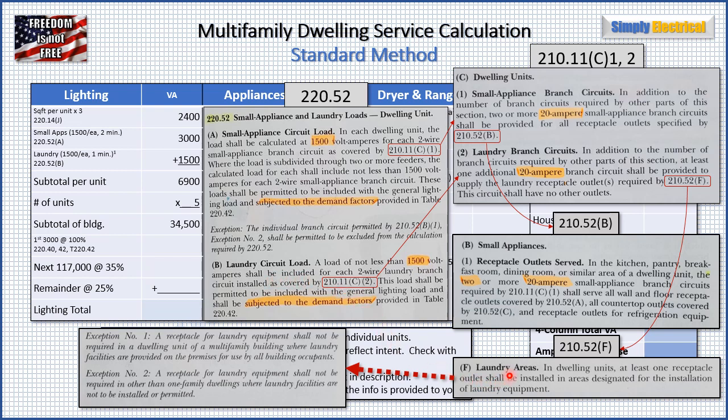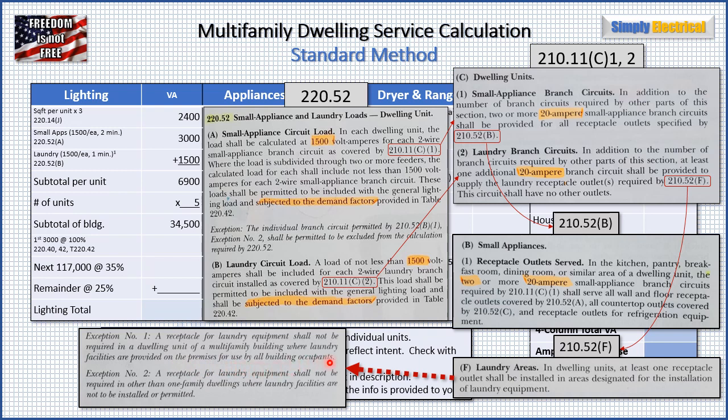Now, back to F here. For multifamily, there are some exceptions. Exception number 1: a receptacle for laundry equipment shall not be required in a dwelling unit of a multifamily building, which is what we're discussing, where laundry facilities are provided on the premises for use by all building occupants.